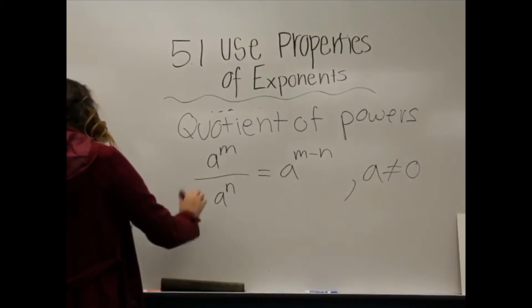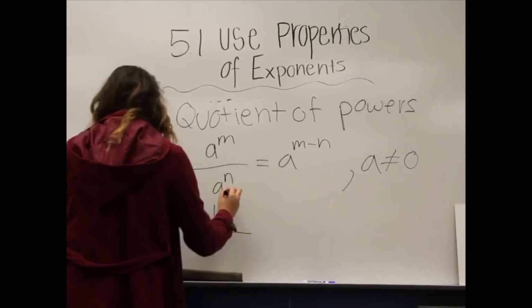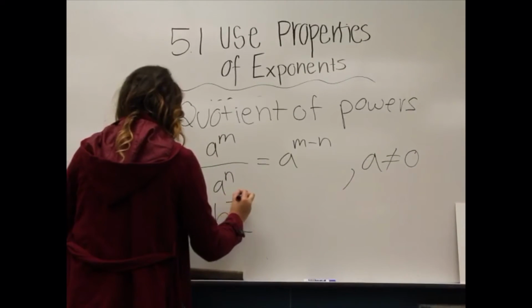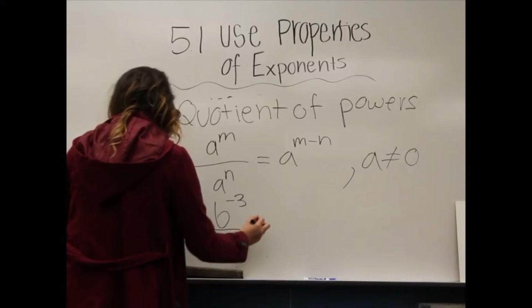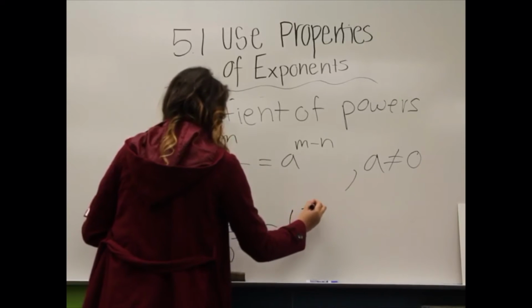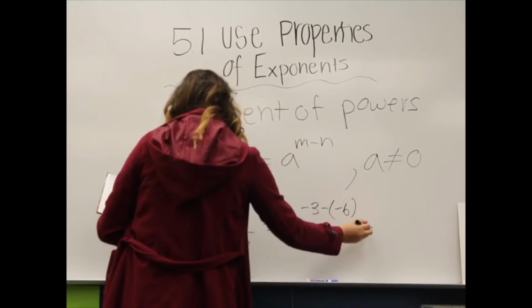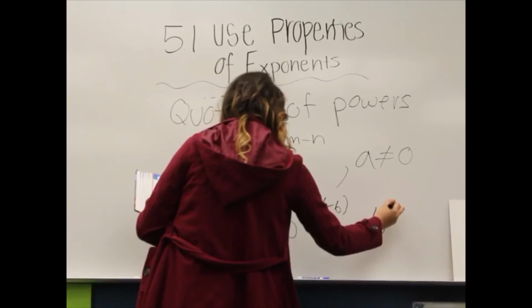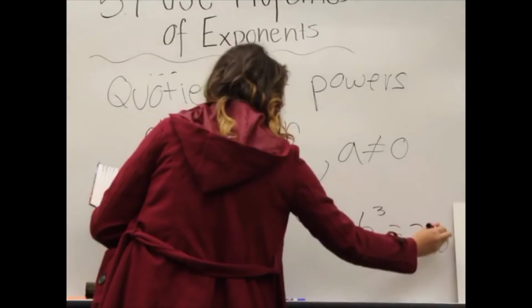The example for that would be 6 to the power of negative 3 over 6 to the power of negative 6, which would equal 6 to the negative 3 minus negative 6, which would equal 6 to the third power, which would equal 216.